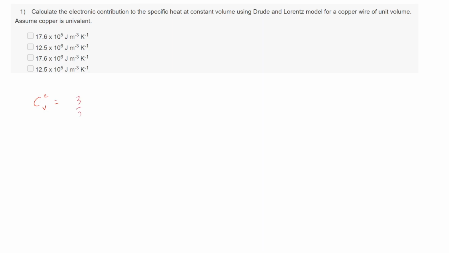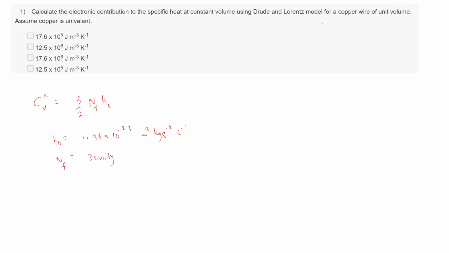Okay, so it is just 3 by 2 nF kB, where kB is the Boltzmann constant, equal to 1.38 into 10 to the power minus 23 in SI units, meter square kg per second square Kelvin. And nF is the particle density.